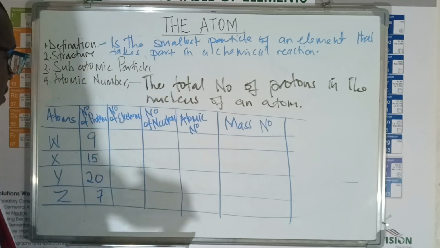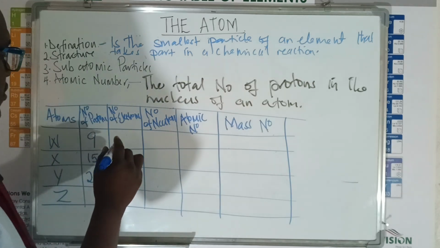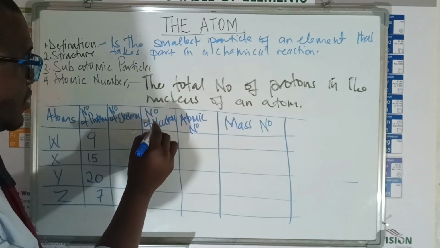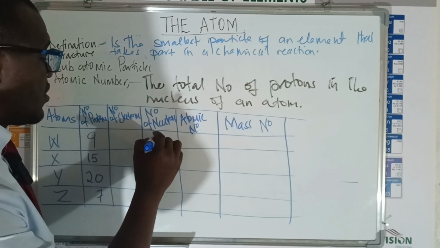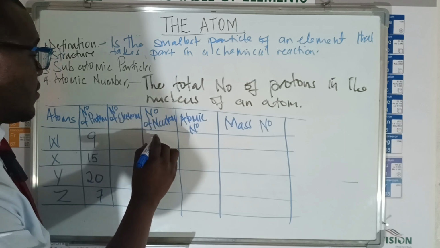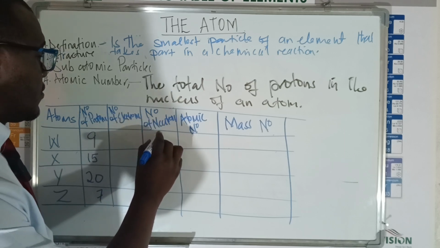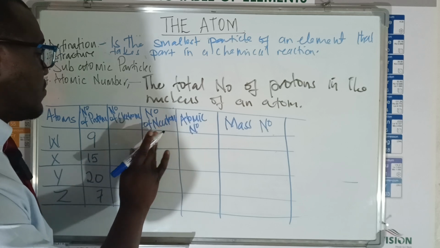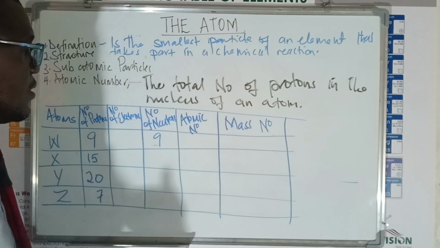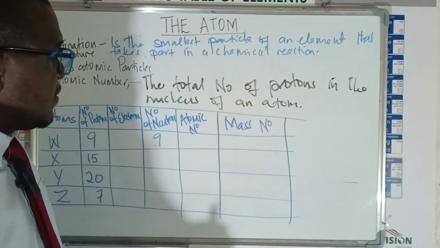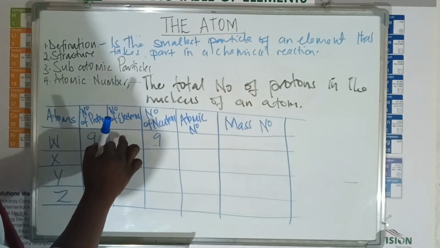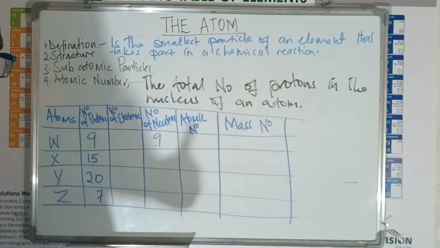Then that column is left. Then somebody tells you that the number of neutrons here is maybe 8, or rather, let us put it as 9. Then atomic number is left, mass number is left. You have to fill these spaces.